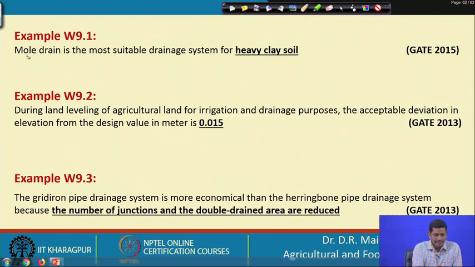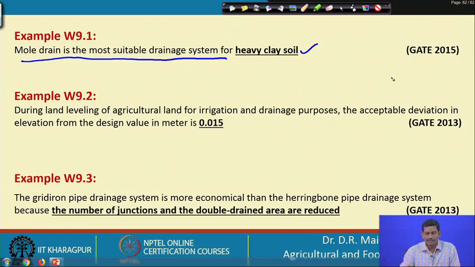For example, a mole drain is the most suitable drainage system for heavy clay soils. Remember this, because the mole drain is a special kind of drain used to make drains in heavy clay soils.